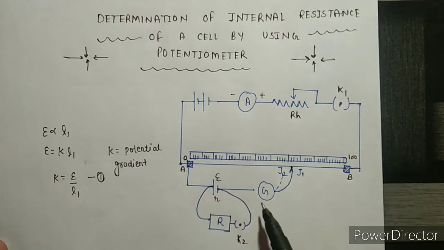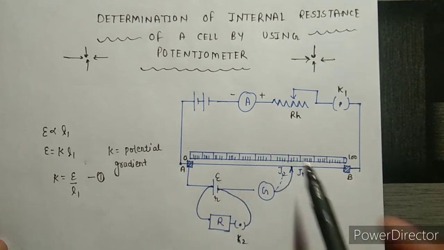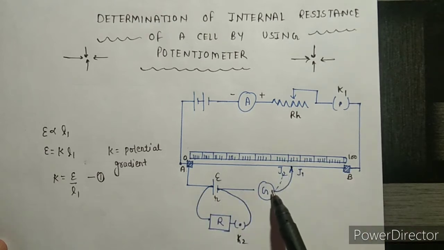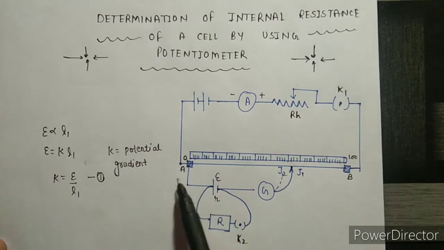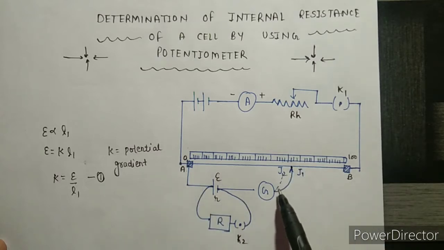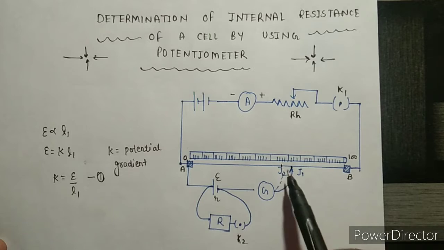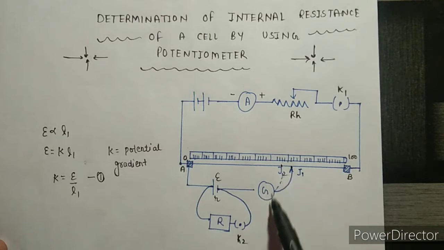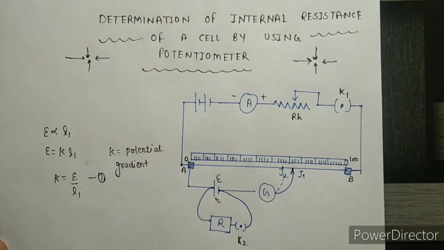Now we do the same as initially. We place the jockey on the wire and suppose we get the point at which the galvanometer shows no deflection.